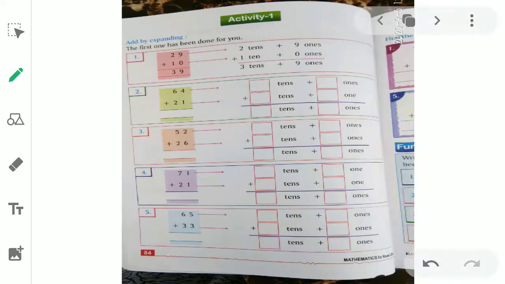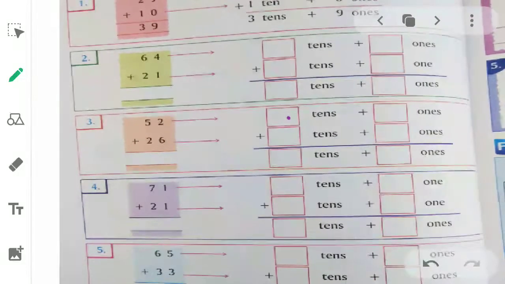So here we have tens, ones, tens and ones. Now let us start with the concept. If you see here on this page, we have 64 and 21.